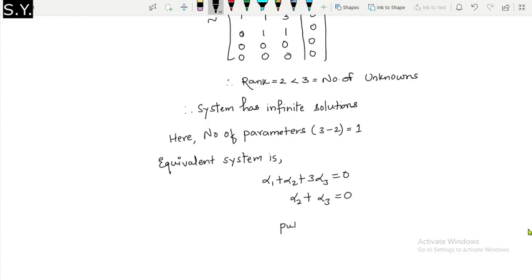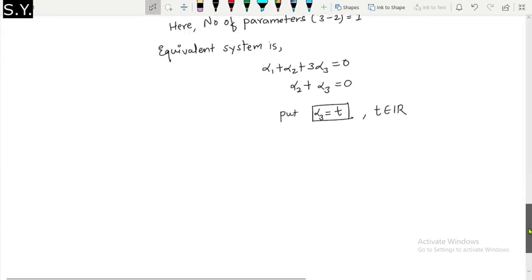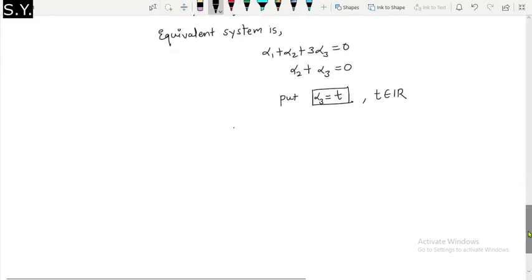So I am going to use a parameter for alpha 3. So I will put alpha 3 is equal to t, where t belongs to R. So what will be my alpha 2? Therefore my alpha 2 will be minus t. Now let us find alpha 1.